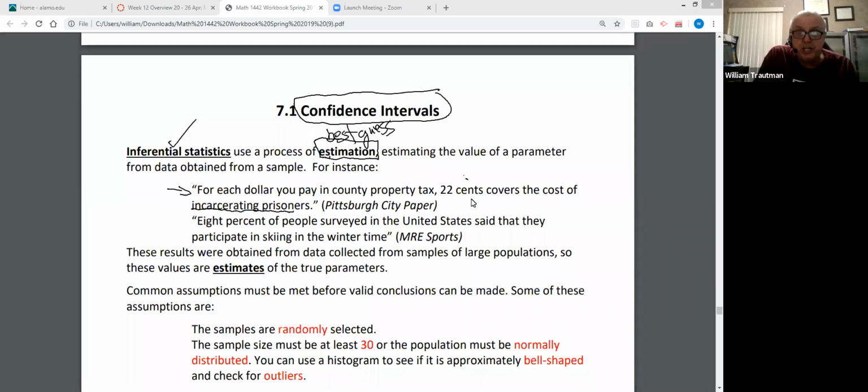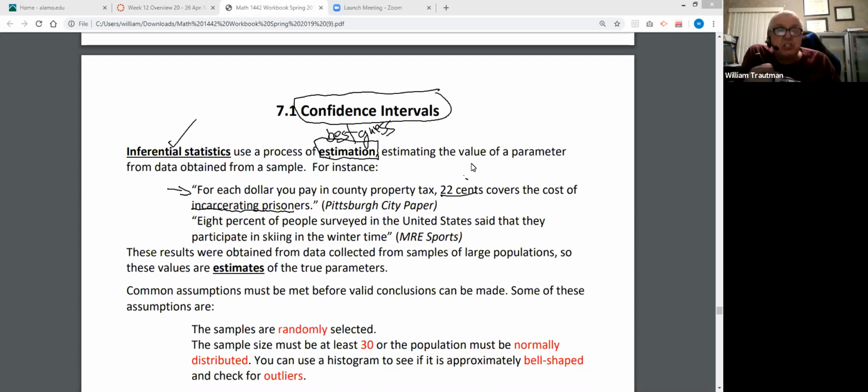Goes to your county jail. That's not a fact. It's a guess. It could be 22.1 cents. It could be 18.9 cents. But they're saying 22 cents covers the cost of incarcerating prisoners for each dollar you pay in taxes.